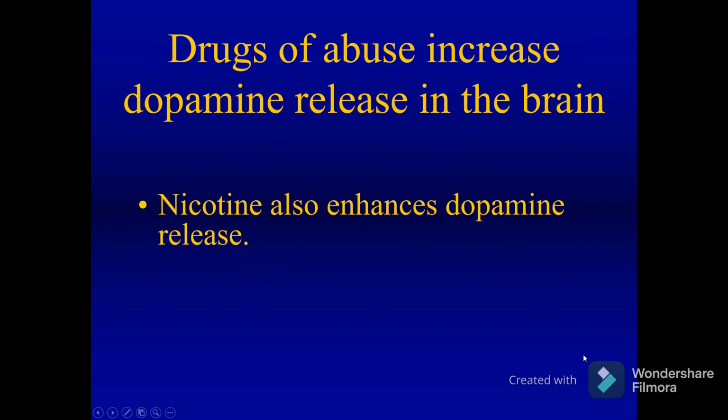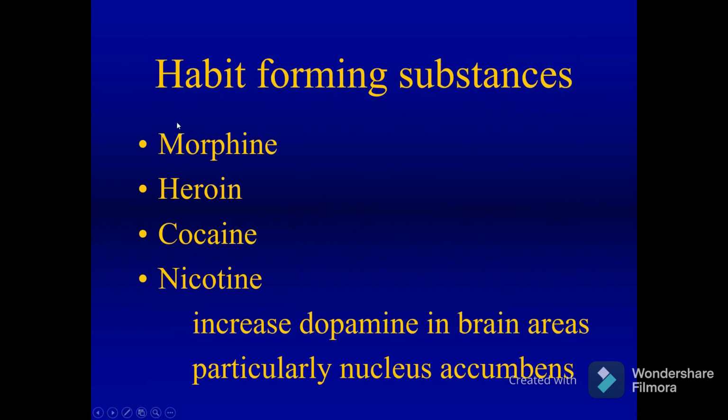Euphoria means a sense of well-being. Then habit-forming substances like morphine, heroin, cocaine, nicotine, all increase the dopamine in the brain area, particularly the nucleus accumbens.